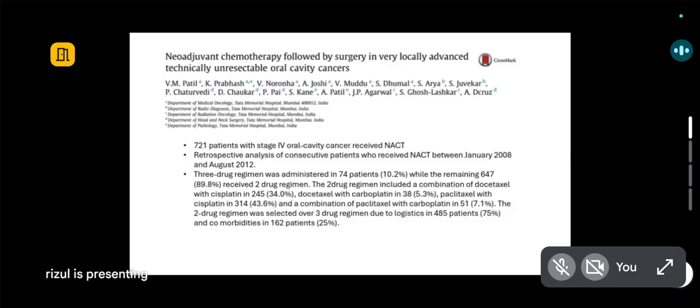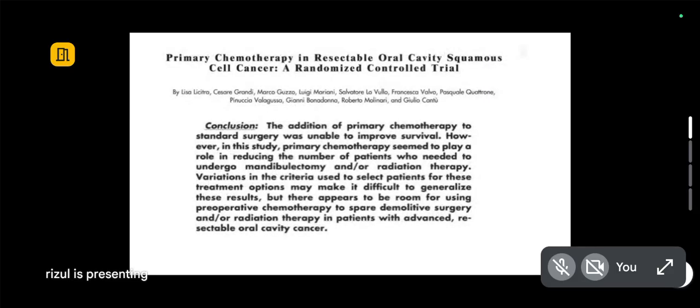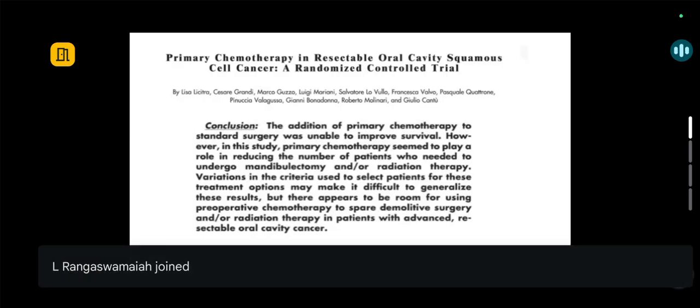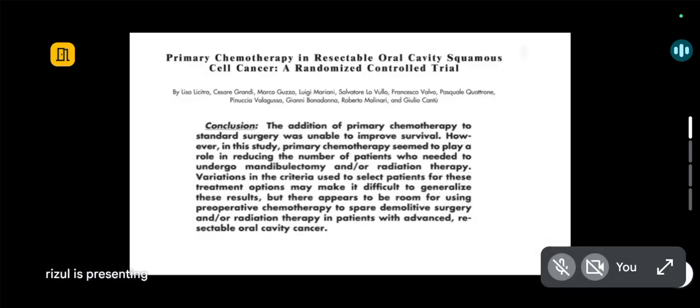So Rizul, what was the outcome or the conclusion of this Licitra trial? Sir, the main outcome was that we can go with the induction chemotherapy first, and then plan for the surgery, because it reduces the tumor burden.